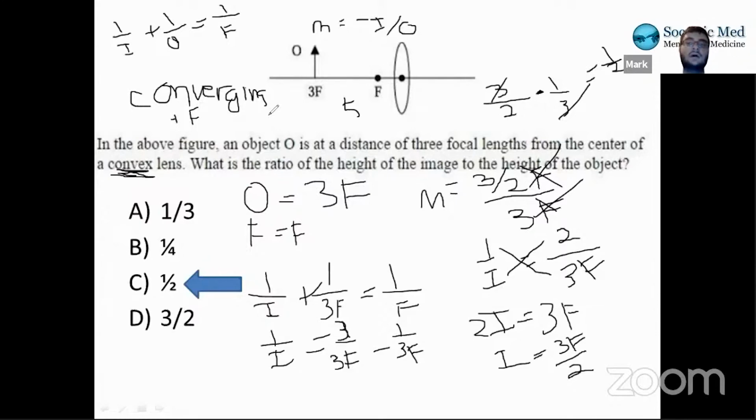If they said instead it was a concave lens or a convex mirror, something that was diverging, you would actually have to use a negative F, right? So O is 3F, but F is actually negative F. I know that doesn't make sense, but the F is actually negative F. So you would have to do equals negative F, then 3F, and then it would be negative 3, right?